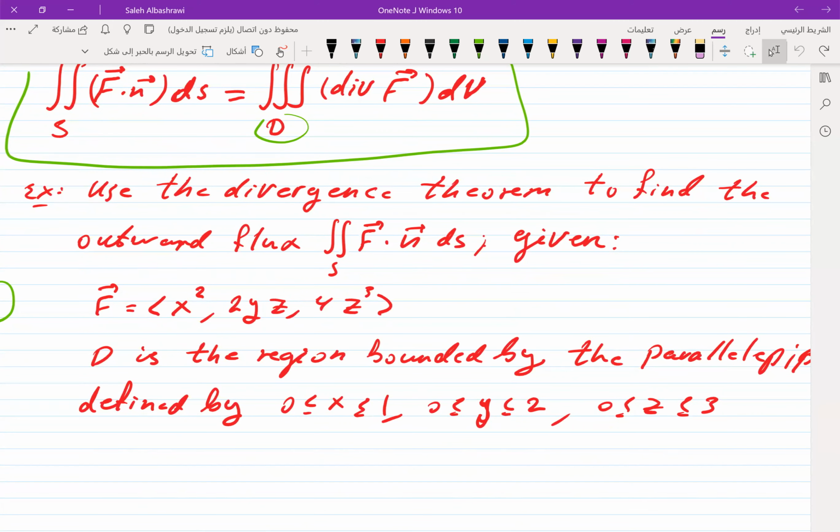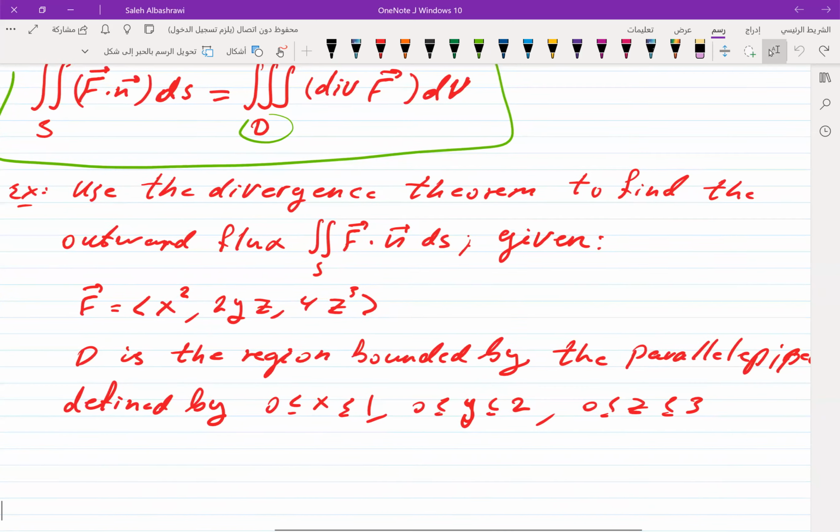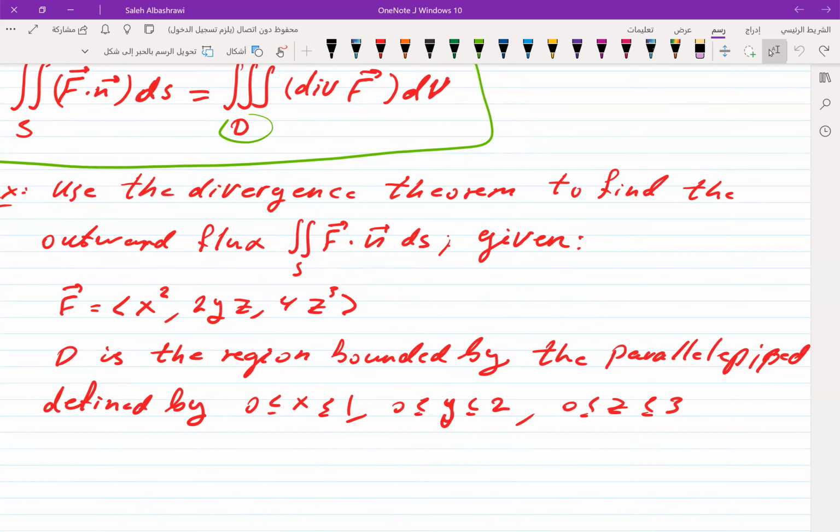This is our vector function. And D is the region bounded by the parallelepiped defined by x between 0 and 1, y between 0 and 2, and z between 0 and 3. So we need to find the flux, but using the divergence theorem, meaning using the triple integration.